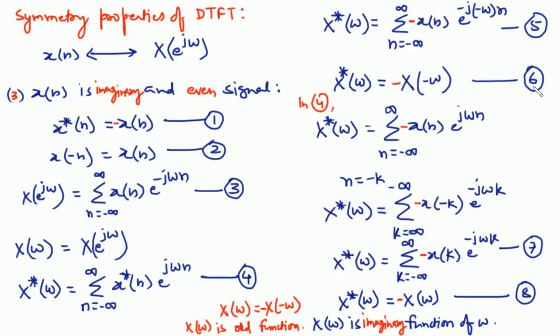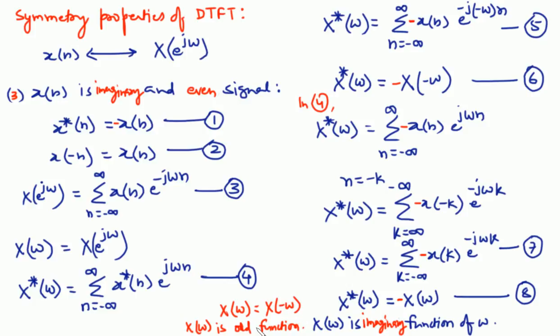Now if I compare expression 6 and 8, the right hand side, then we can say minus of X omega is minus of X of minus omega. It means X omega is X of minus omega.